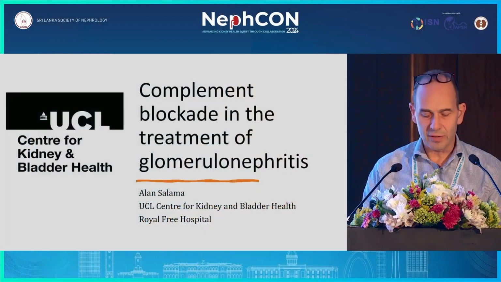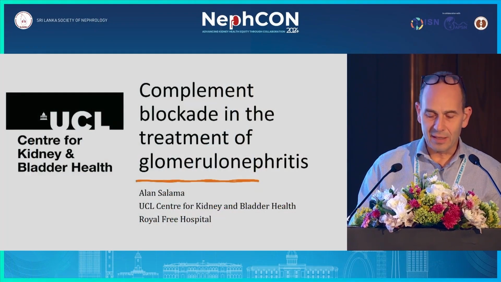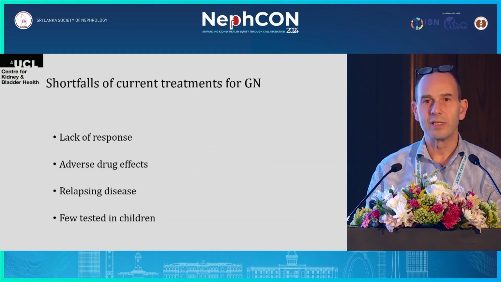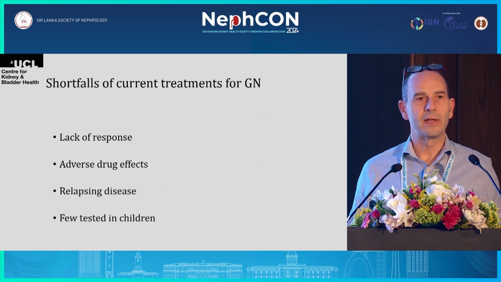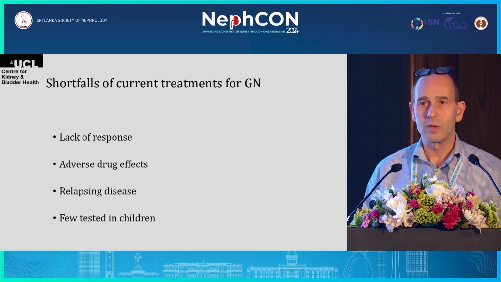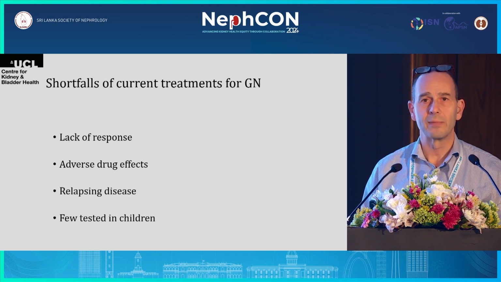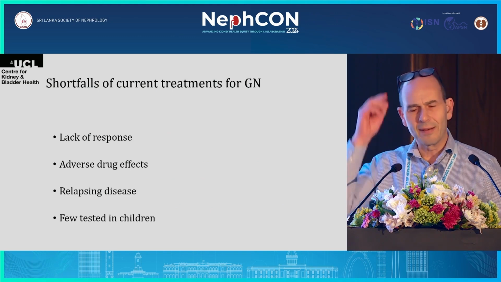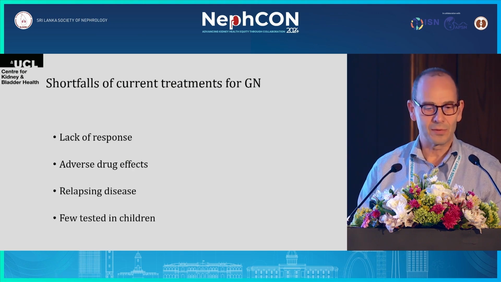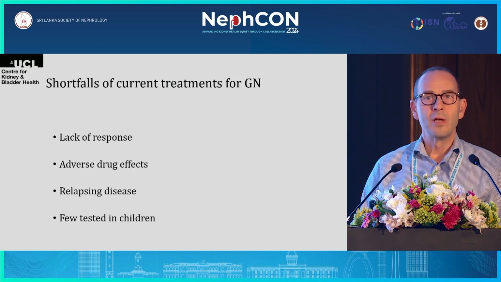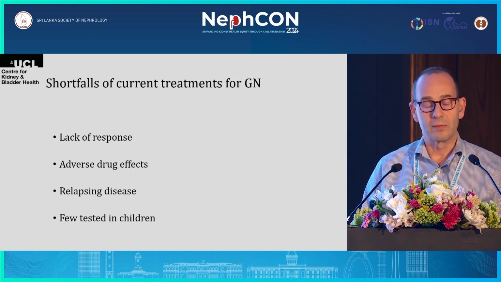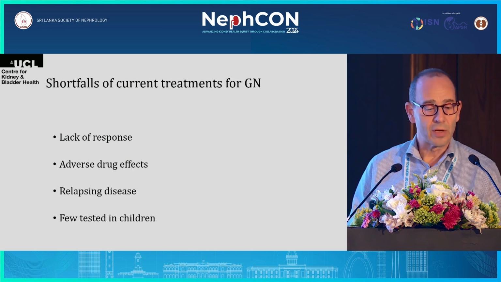So a lot of this has been covered in this morning's session, so I'm going to try and just start from a slightly different angle, which is, why do we need new drugs? What is the problem with the current treatment we have for glomerular diseases? Most of this is fairly obvious, but we have a number of conditions where we have either not a very good or really no response at all.